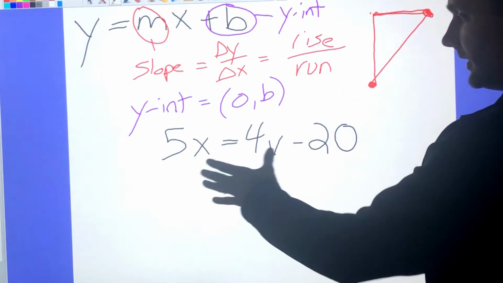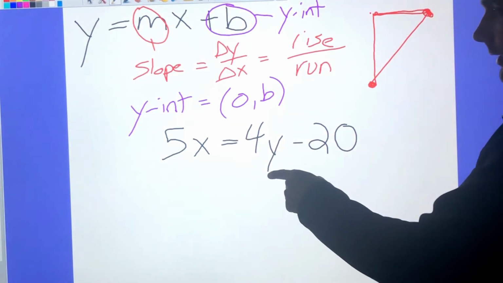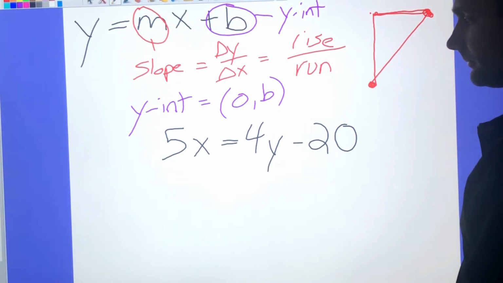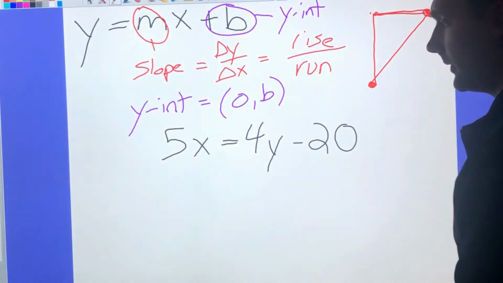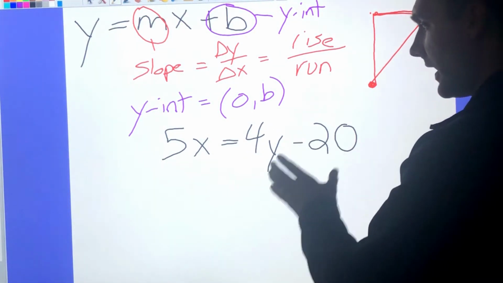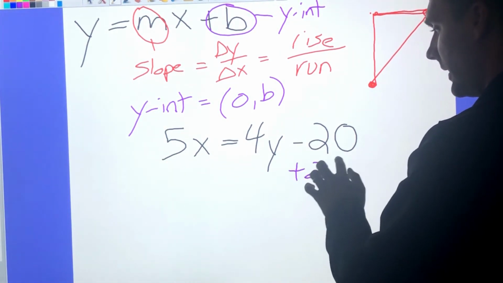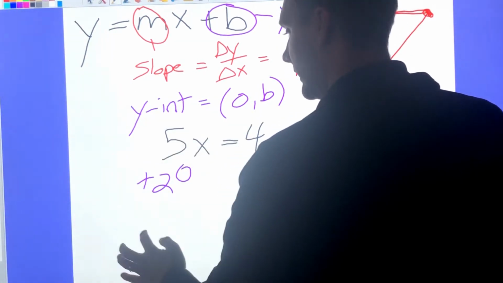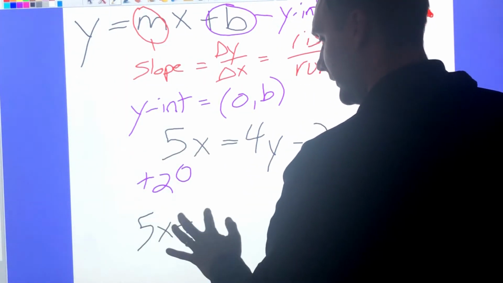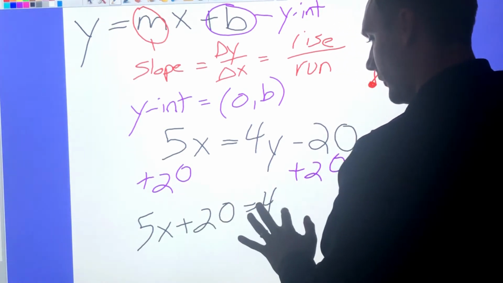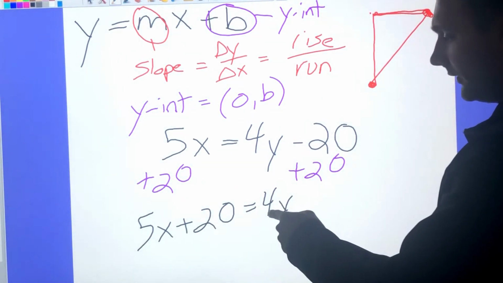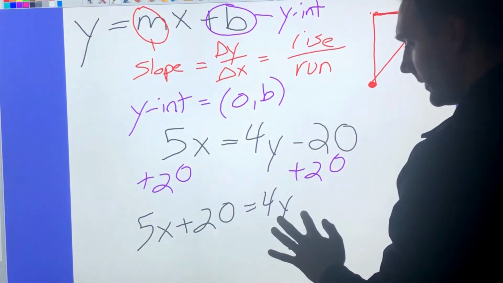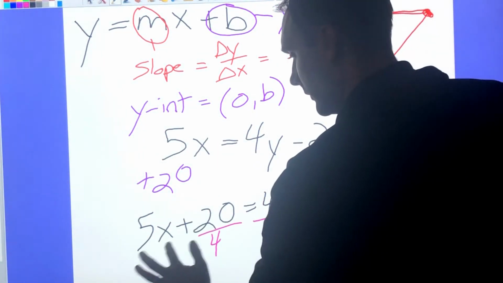Now, if we're given something in either standard form or any other form for a linear function, what we want to do is put it in slope-intercept form. I want it to have y equals something. So for here, I want to move everything over and have y by itself. So let me add 20 to both sides. That's going to give me 5x plus 20 equals 4y. And then last but not least, what's the opposite of multiplying by 4? Let me go ahead and divide by 4 on both sides.